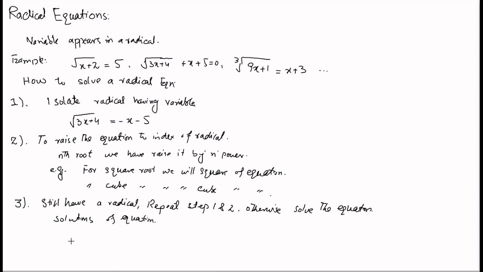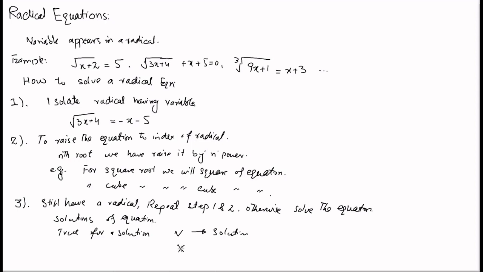Now after solution of a radical equation, we have to insert each solution into the equation and find whether the radical equation is true for that solution. If it is true, then it is a solution.